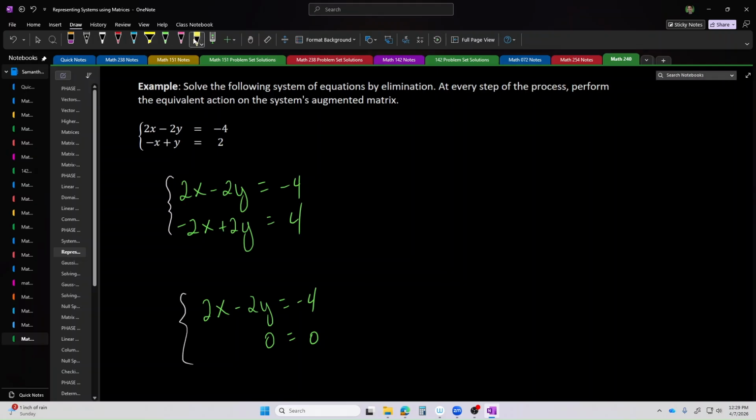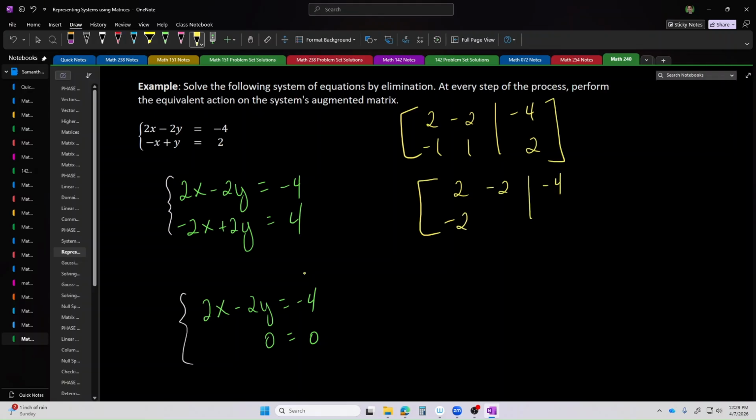Now, if we look at the corresponding situation in terms of the augmented matrix for the system, 2, -2 | -4, -1, 1 | 2, scaling the second row by 2 gives us -2, positive 2, and 4.